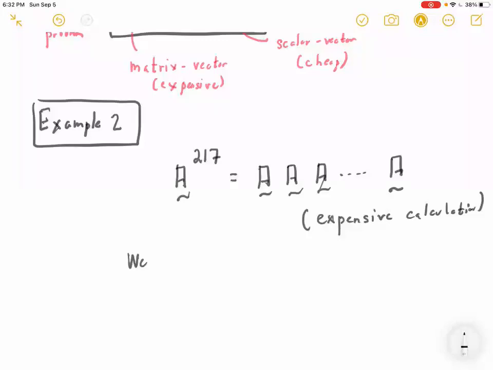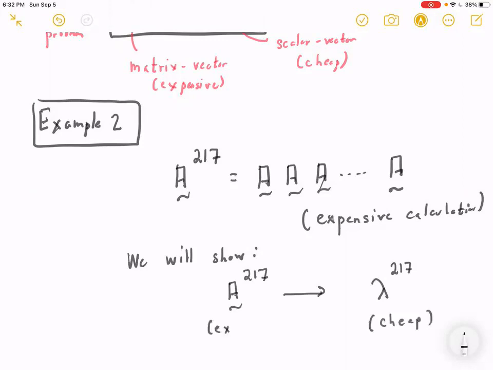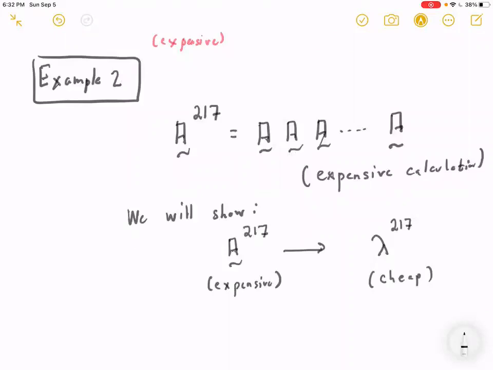So we will show that this problem of multiplying a matrix by itself 217 times is going to be equivalent to just taking the eigenvalue of that matrix and raising that to the 217th power, which is going to be cheap. So this is something, just whetting your appetite, that we will show. So eigenvalues are going to be useful.